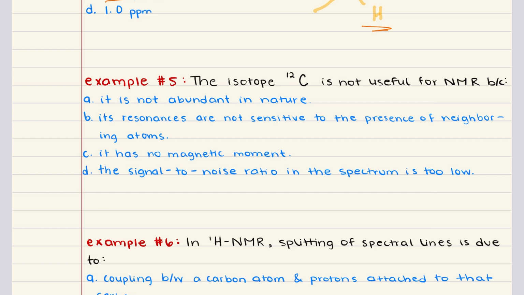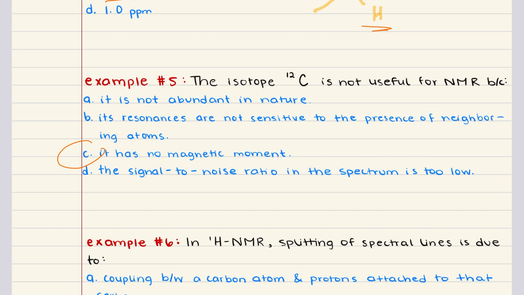That means it has a spin quantum number of 0, and as a result, it doesn't produce a magnetic moment. If there's no magnetic moment, the nucleus won't interact with the magnetic field in an NMR experiment, and that means it can't absorb the energy required to show up in the spectrum. So the correct answer here is C.